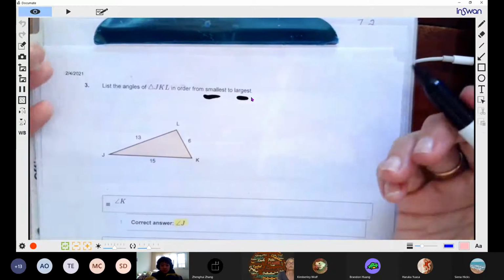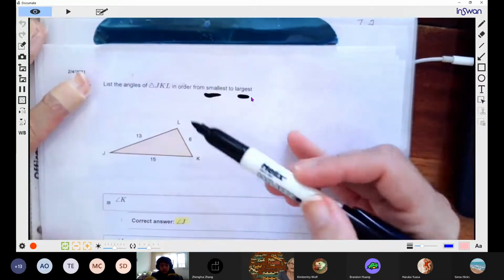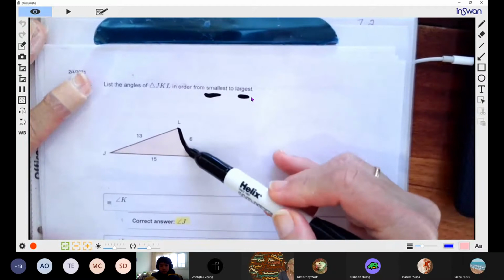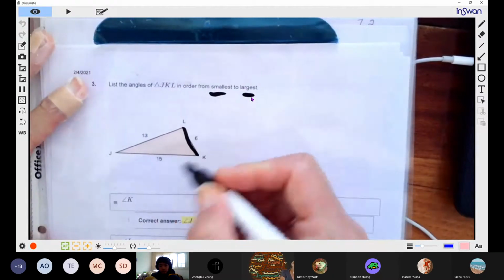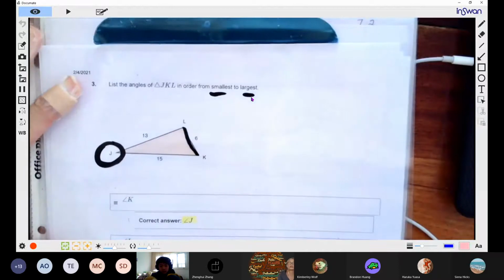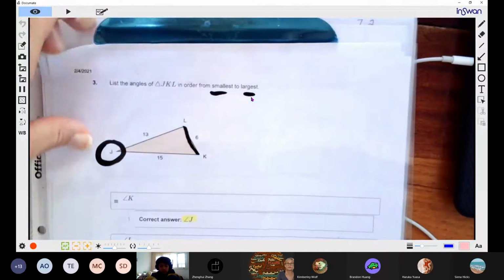Number 3, the concept here was list the angles in order from smallest to largest. So the relationship is the smallest side is across from the smallest angle. So LK is across from angle J. That's going to be your smallest.